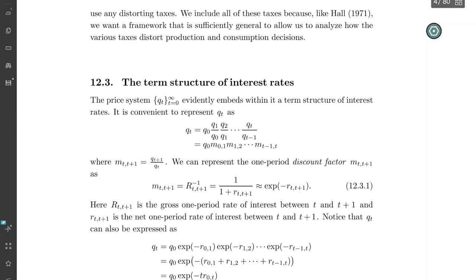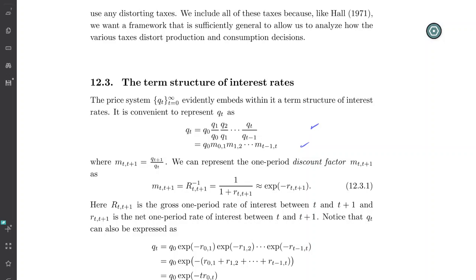I want to take a little digression here, because embedded in this setting is, as usual, as we saw with Arrow-Debreu in chapter 9, a whole theory of the term structure of interest rates, and that's what this little section does. It just rewrites Q using this equation and then reinterprets it.